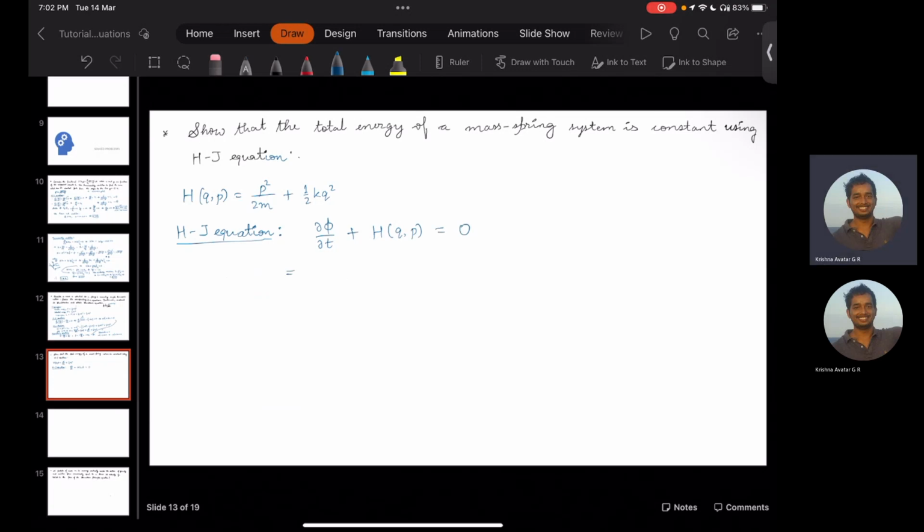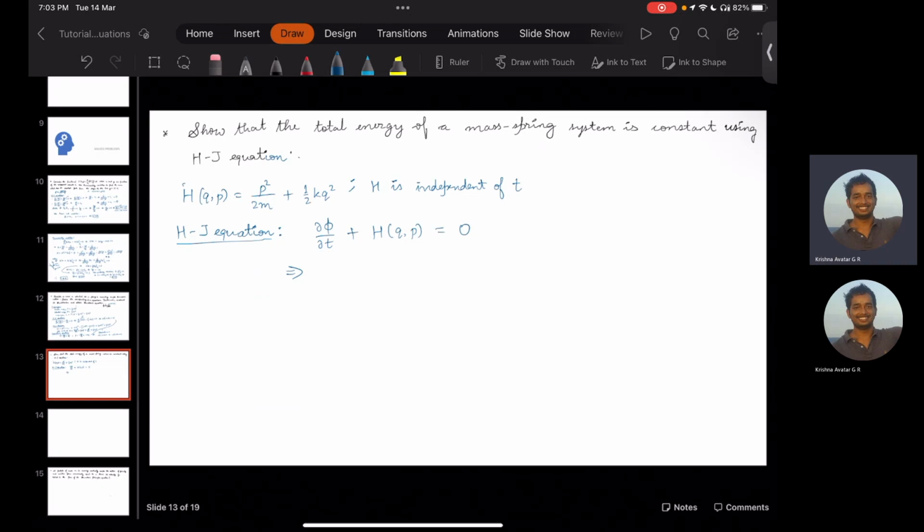Now we'll use the argument that we had utilized in our review, which was to say that h here is clearly independent of t. It's explicitly independent of t.